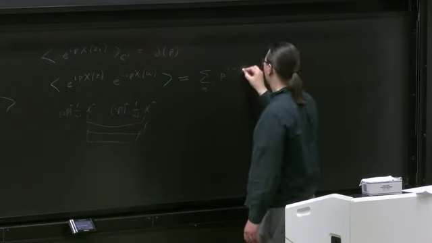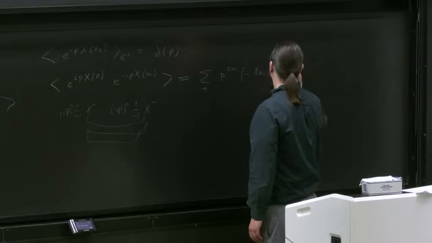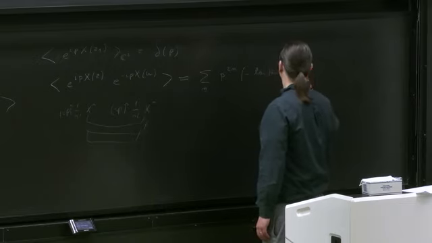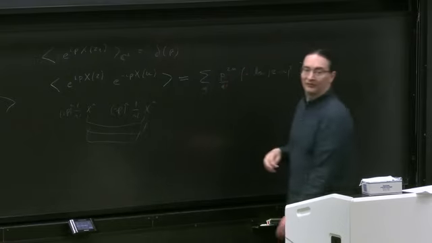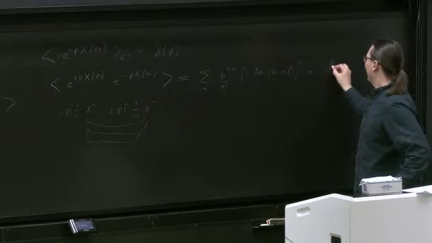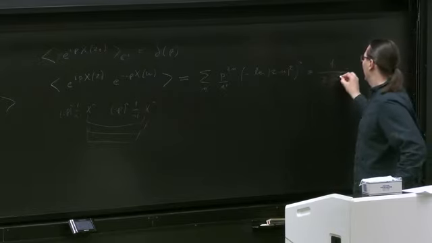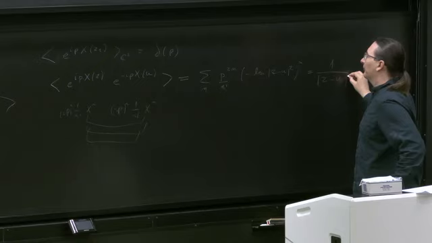Then there is this minus log of x, z minus w squared to the n. And there is still a 1 over n factorial. So when the dust settles, you end up with something like 1 over z minus w absolute value squared to the p squared.